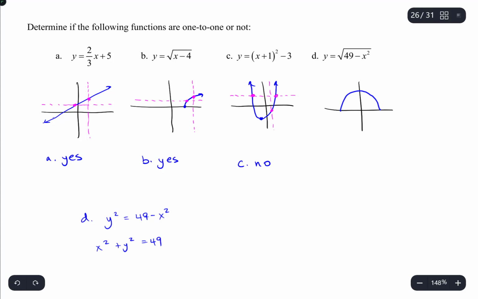Now, it would indeed pass the vertical line test because it only touches the graph at one place along its entire domain, but it would not pass the horizontal line test because here's a line that touches the graph in more than one place, so it fails that, and therefore it is not a one-to-one function.